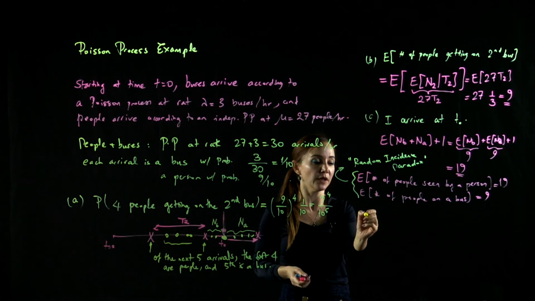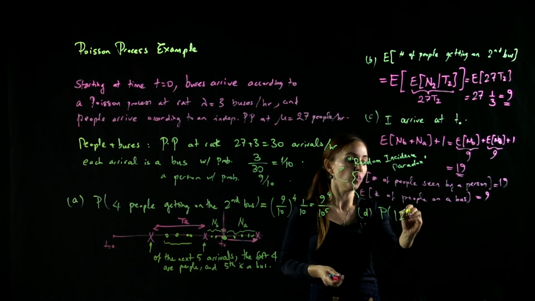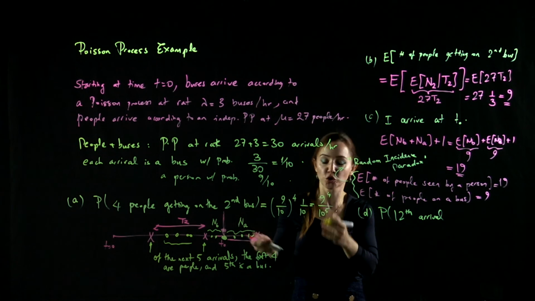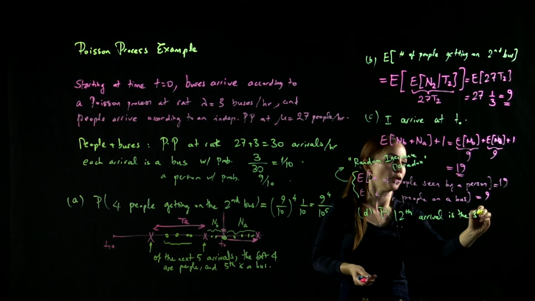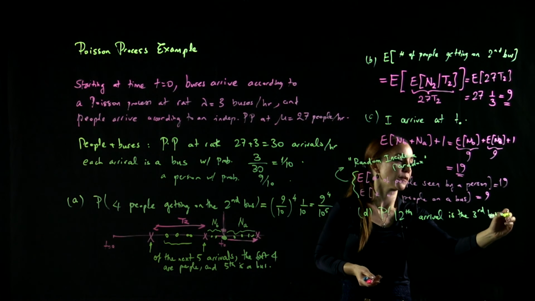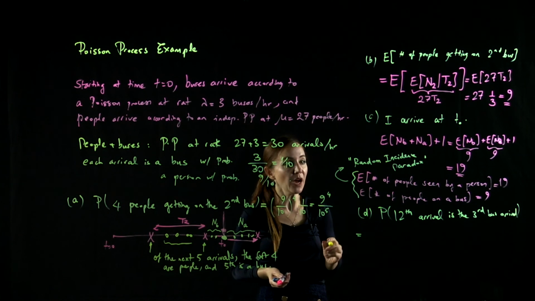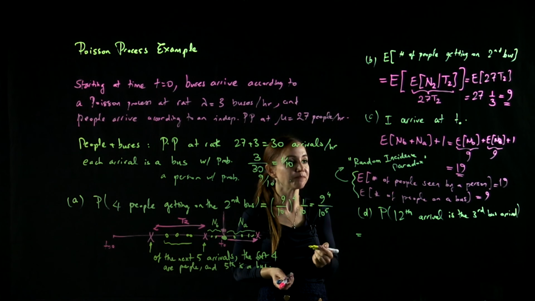Now let's finally answer the question: what is the probability that the 12th arrival to the merged process of people and buses is the 3rd bus arrival? Well, now we are thinking of independent Bernoulli trials essentially.